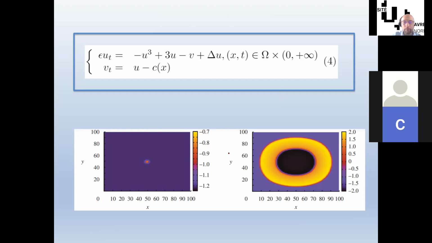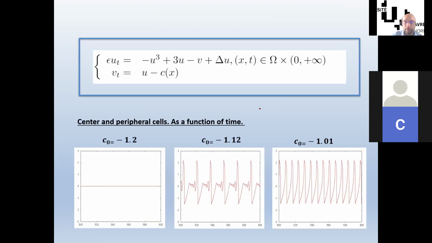What may occur in some cases is that the center cells will do this kind of thing here. You have small oscillations and large oscillations.